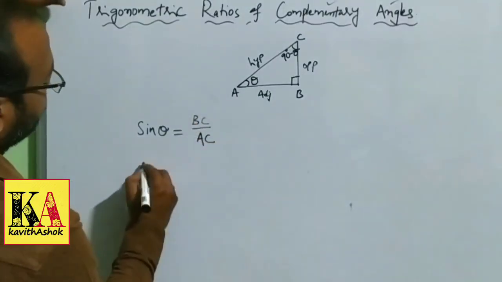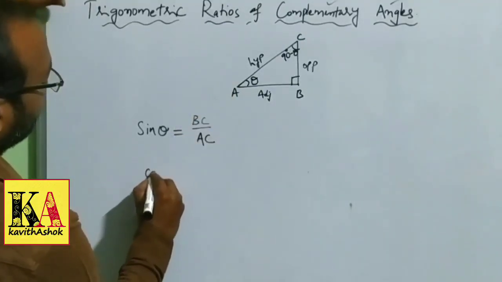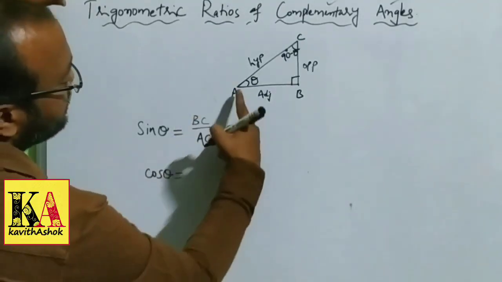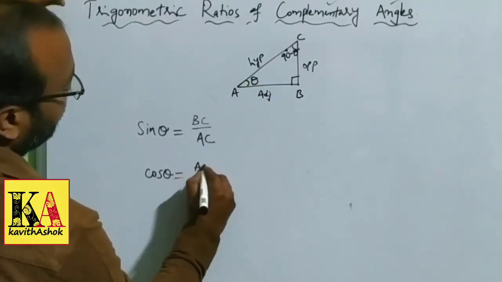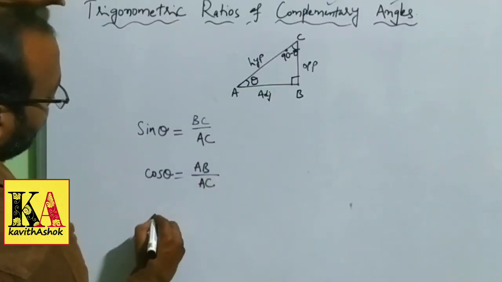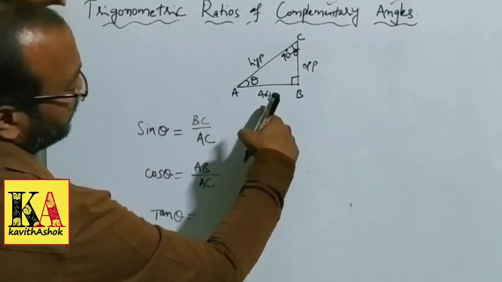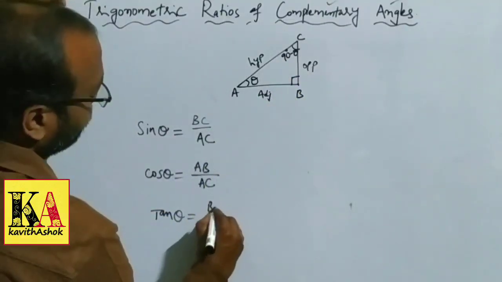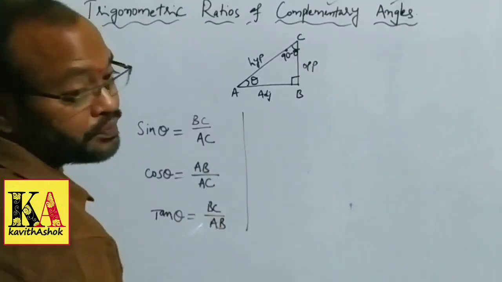Next, what is cos theta? Cos theta is equal to adjacent side by hypotenuse, so AB by AC. And tan theta is equal to opposite side by adjacent side, so BC by AB.